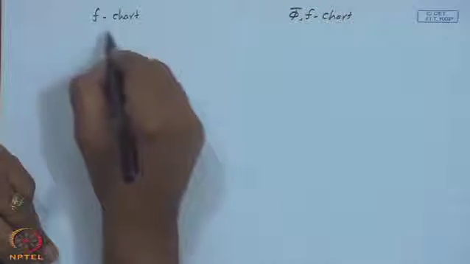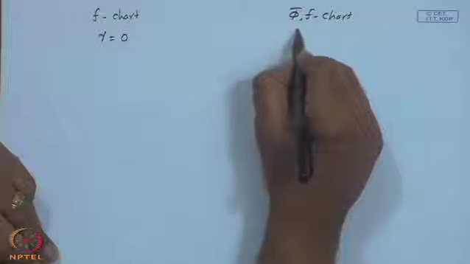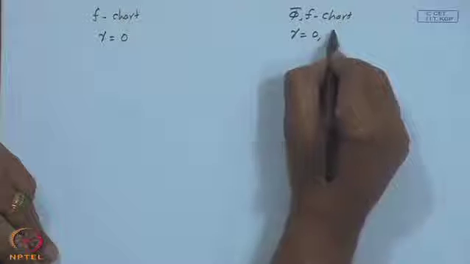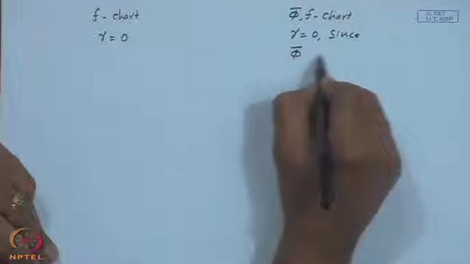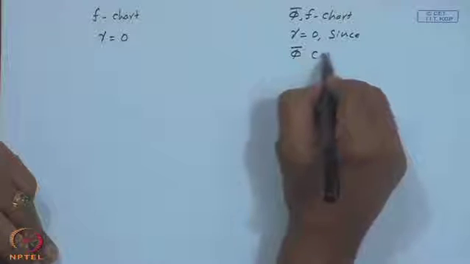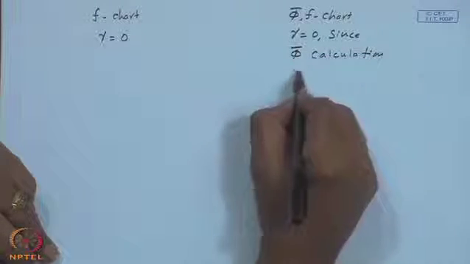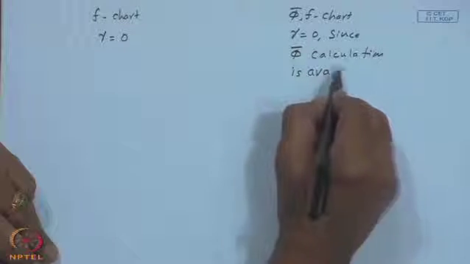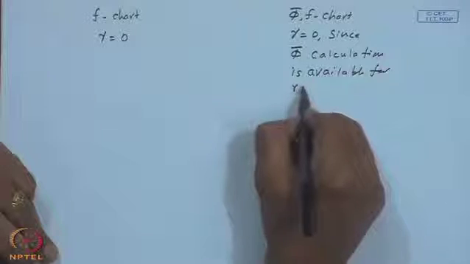Now, gamma is equal to 0, since phi bar calculation is available for gamma is equal to 0.